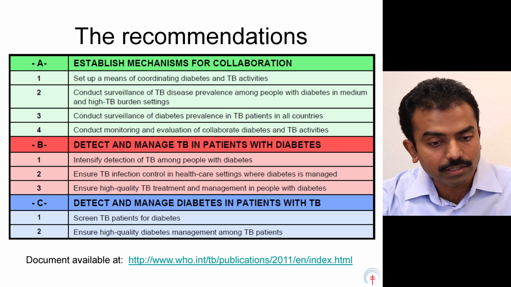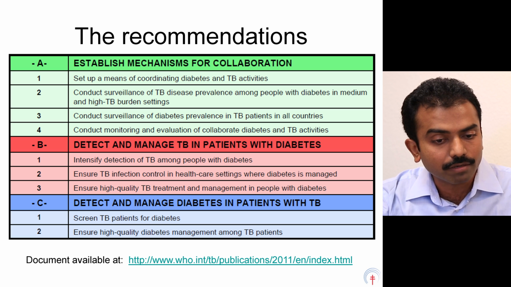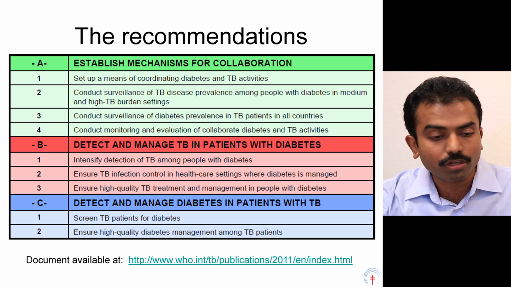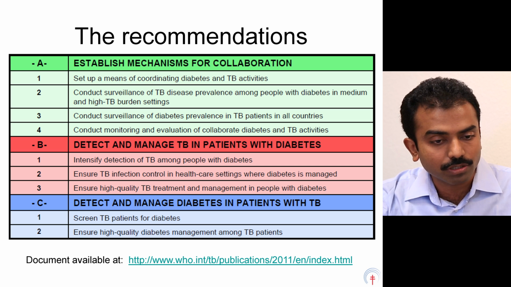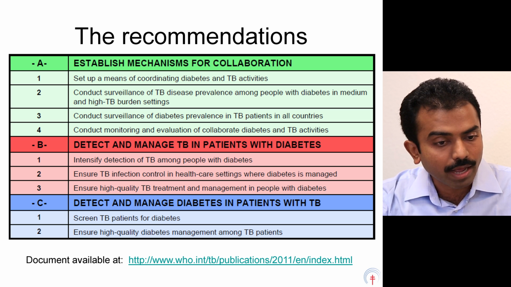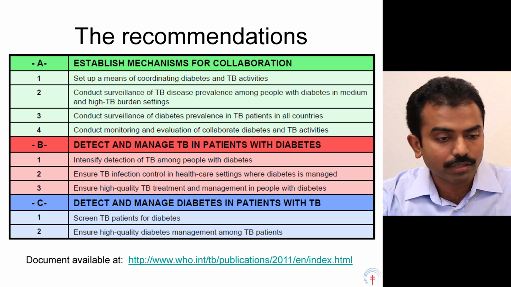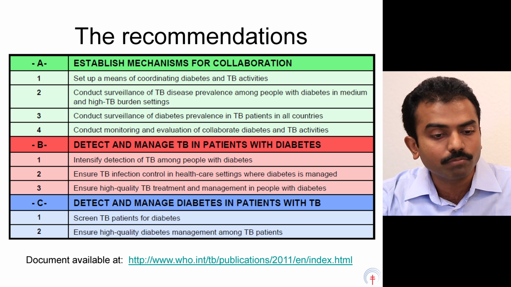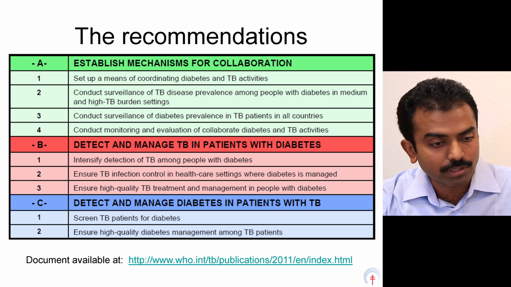And if you look at this, this is modeled in similar fashion, akin to the policy document on TB-HIV collaboration. The same 3 main steps: establish mechanisms for collaboration, which included setting up means of coordinating between diabetes and TB programs, conducting surveillance of TB among people with diabetes, conducting surveillance of diabetes in people with TB, and conducting joint monitoring and evaluation of these activities.